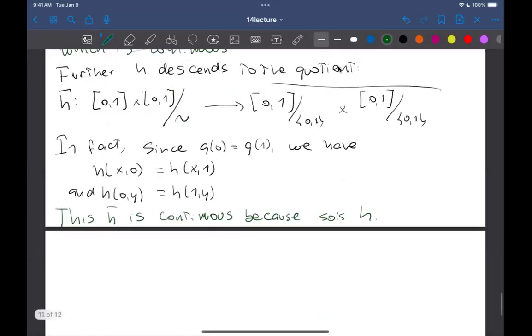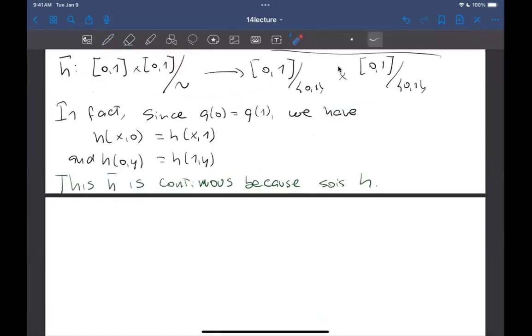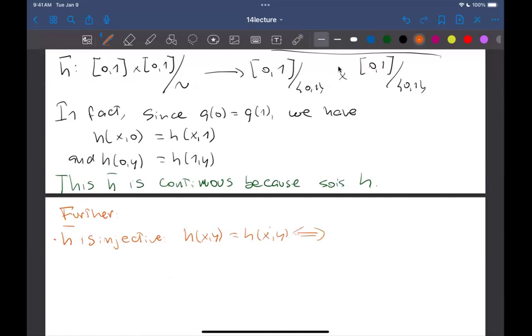Now, once again, we use this map coming from descending to a quotient, and we know how to prove it's injective or surjective. Going back to the first things we said today in class, first, H bar is injective. H(x, y) equals H(x', y') will happen certainly when (x, y) is related to (x', y'), and it's very easy to see that happens if and only if they are related.